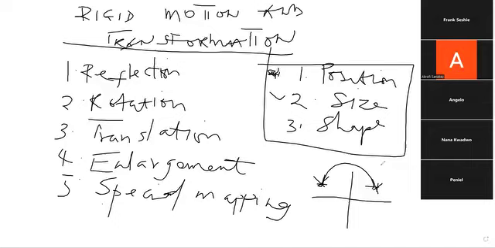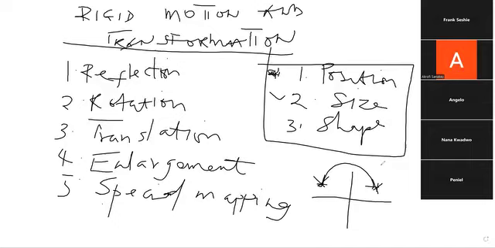And I'm also saying that the size of the object may also change. So with this type of change, if you have the object, the image would have a different size. Is that okay? If that happens, then we say that the object has also undergone transformation in terms of size. Then we have the shape.